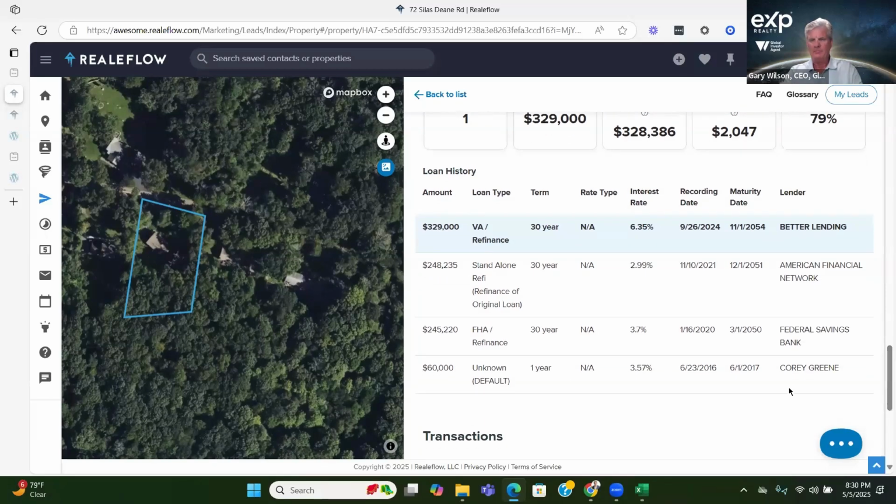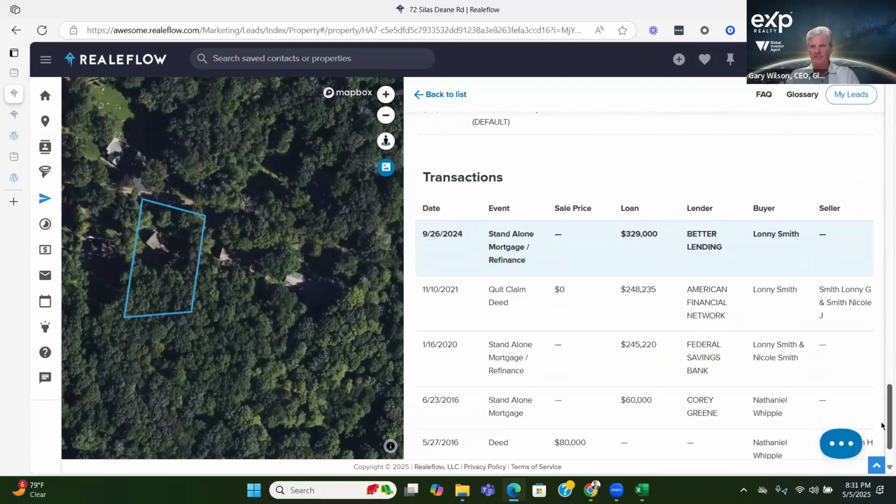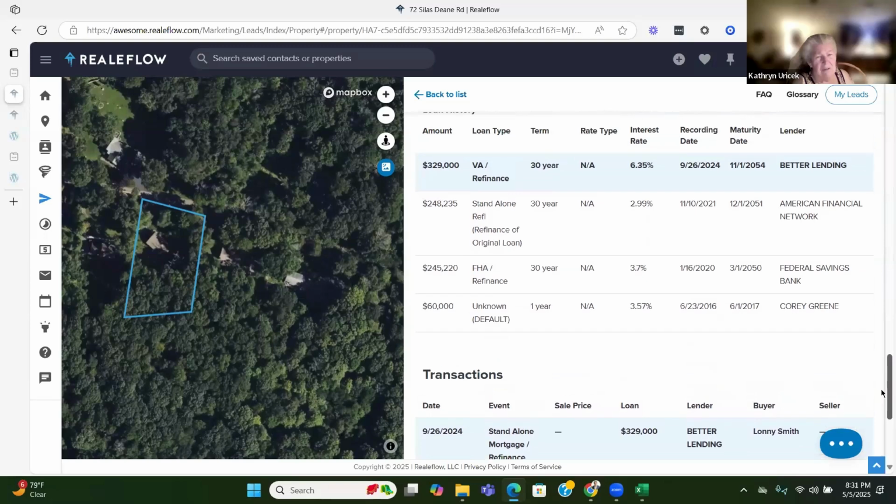Oh, you know what it may have been? It may have been this one here, Corey Green, lender. It's 60,000 back in 2016. Yeah, that could be what it found. Yeah, because it said default next to that, Gary. Aha. Yep. So in any case, refinance original.